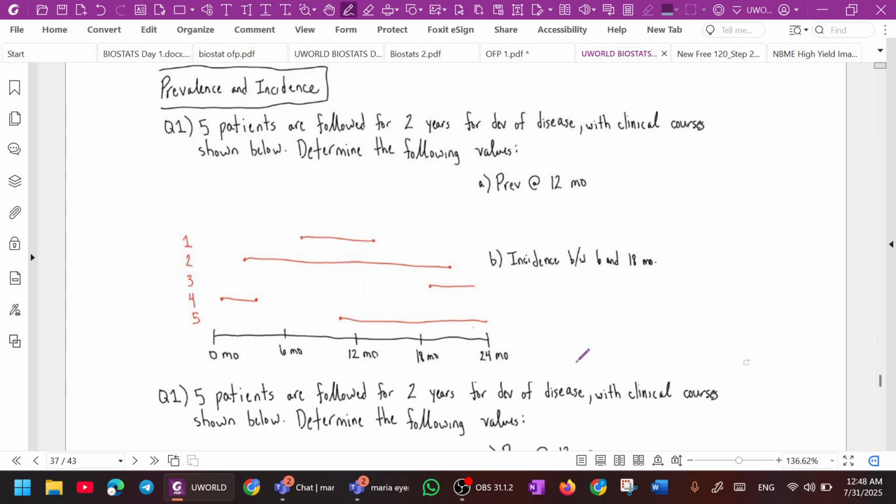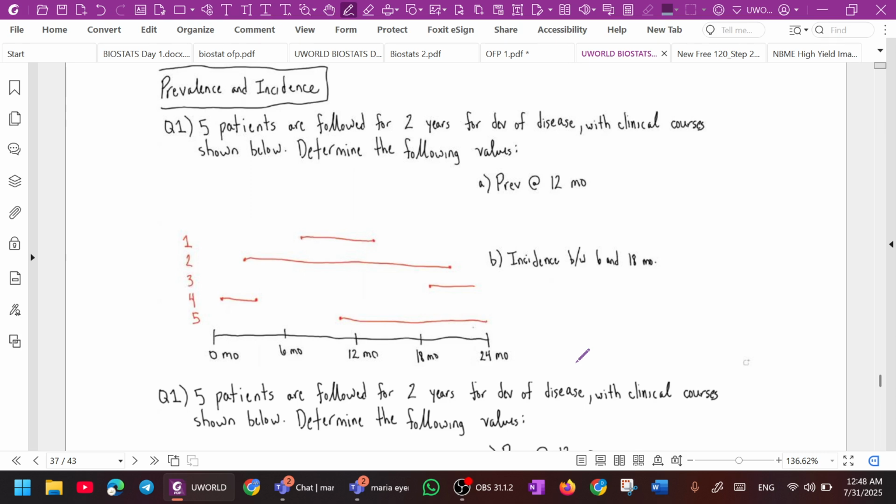Do you know where the three is coming from? 3 comes from 1, 2, and 5. This one is added. It is in between this timeline. That's why it is added. I don't understand. It comes from which patient?